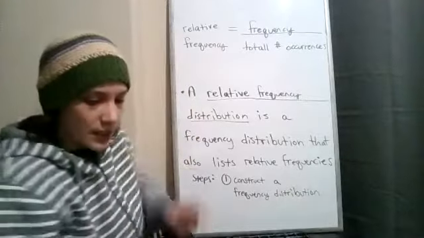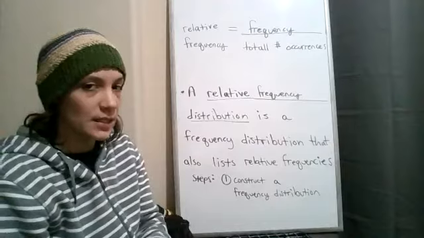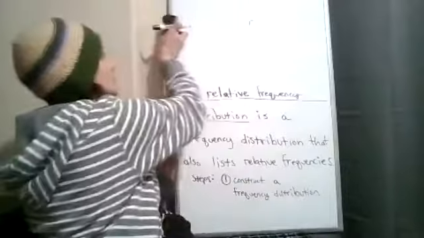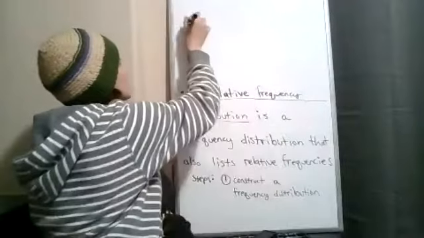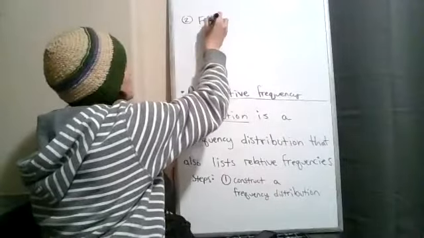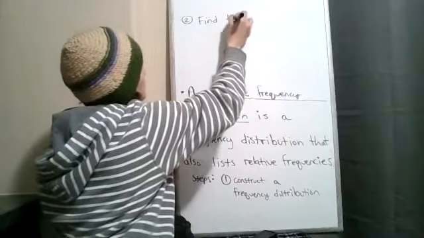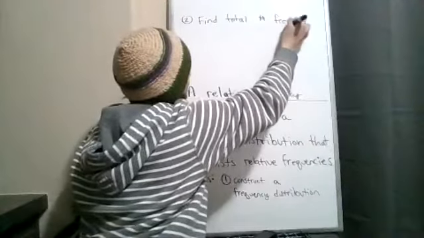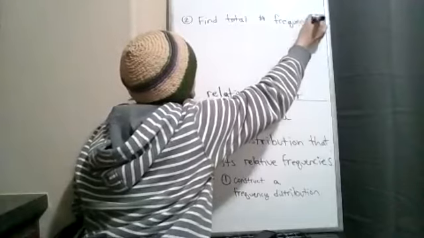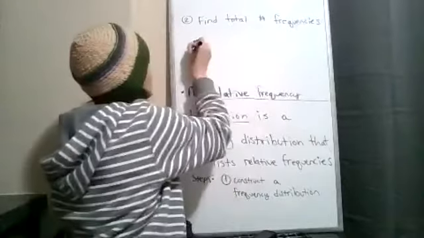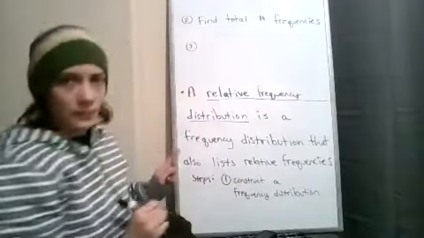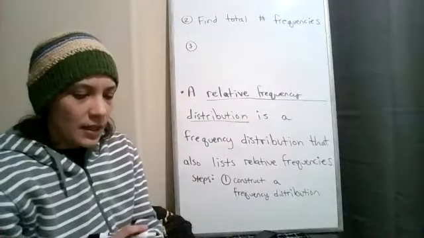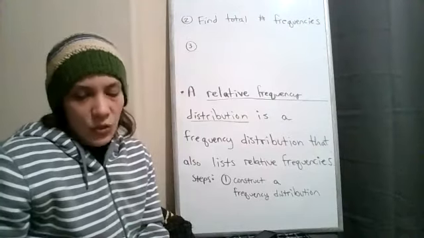Number 2 is find the total number of frequencies. After you get the total number of frequencies, compute each relative frequency.